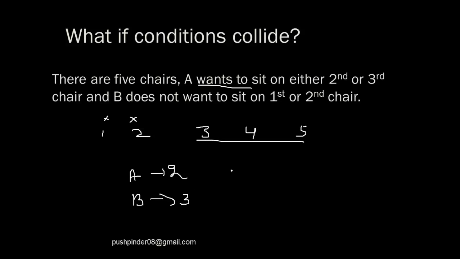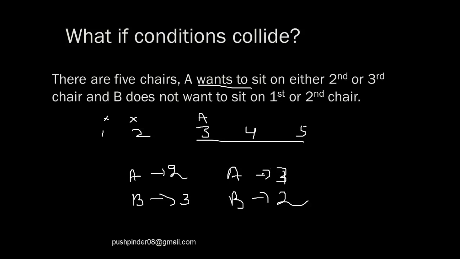Now what if A sits on the third chair? He wants to sit on either second or third. Now if he sits on the third chair, B can't sit on 1, can't sit on 2, and 3 has already been taken by A. That means there are only 2 choices left for B.